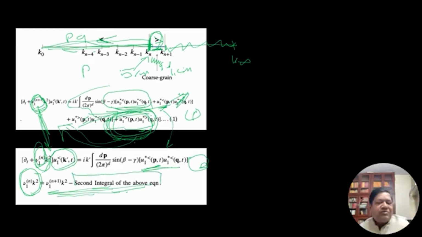So nu n plus 1 k squared gets a positive addition of a positive number. That's why nu 1 n is bigger. So this is what we need to show. In fact, this is very interesting. I am able to get a recurrence relation. Given nu n plus 1, I can get nu n by this procedure. We can continue this to the left, but we don't need to. If I get a recurrence relation, I can solve it, and I can predict the viscosity for any n.